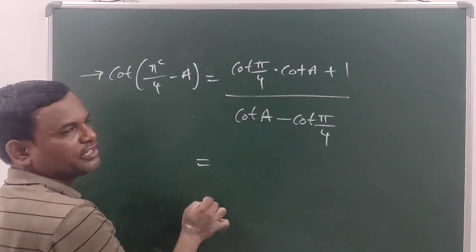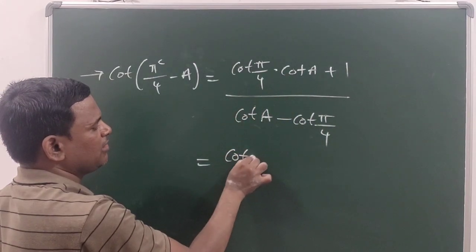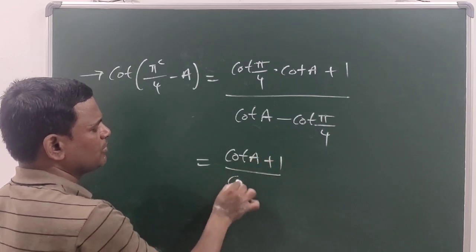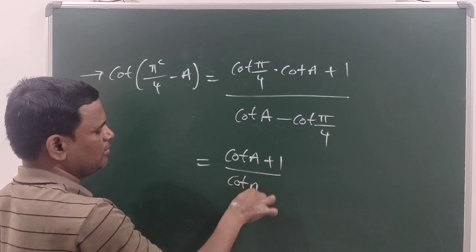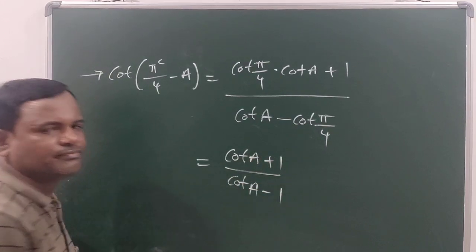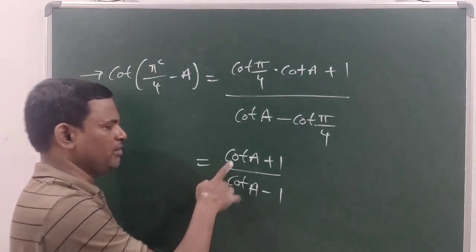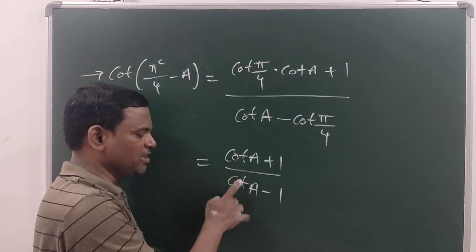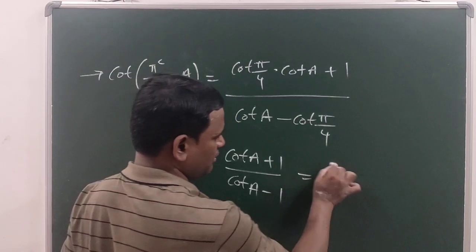Simplify. Cot 45 is equal to 1. So you will get cot A plus 1 by cot A minus 1. Right. Now express them in cos by sine and go for simplification.